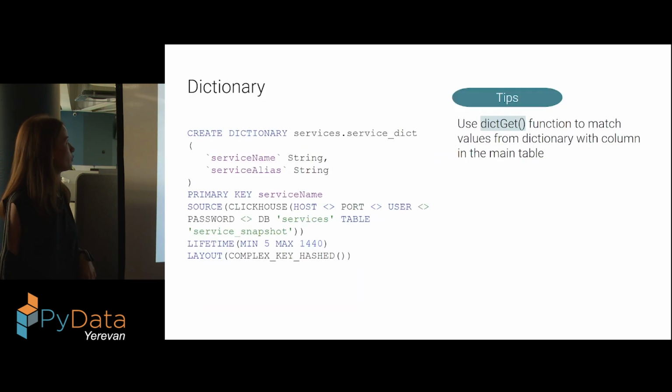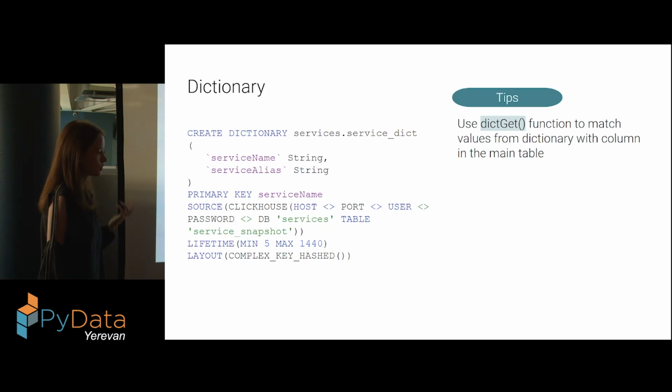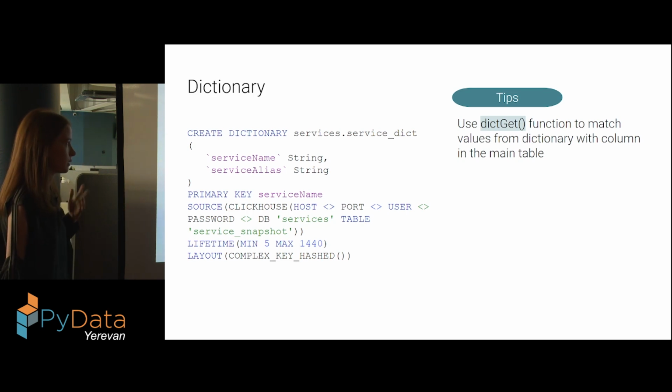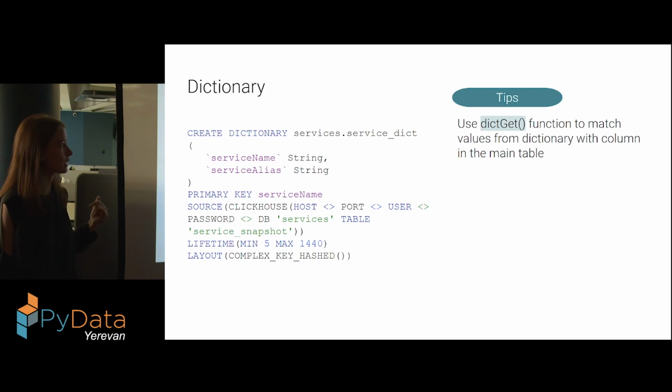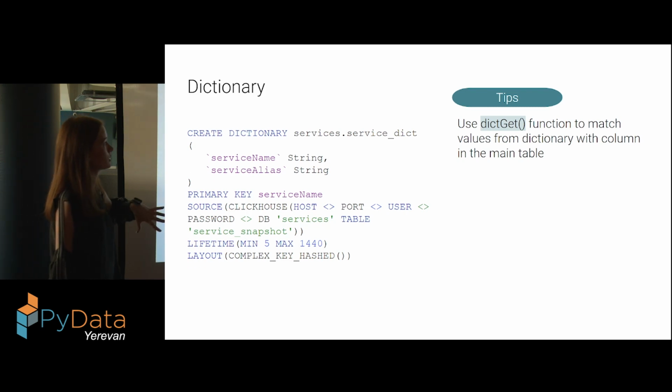Yeah, now we are moving to the dictionary engine, and dictionaries are something really similar, as you can imagine. It can have key-value pairs, and your dictionary can be applied to your select queries with the function dictGet.